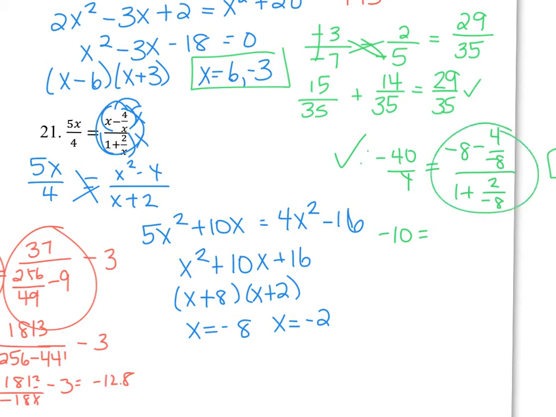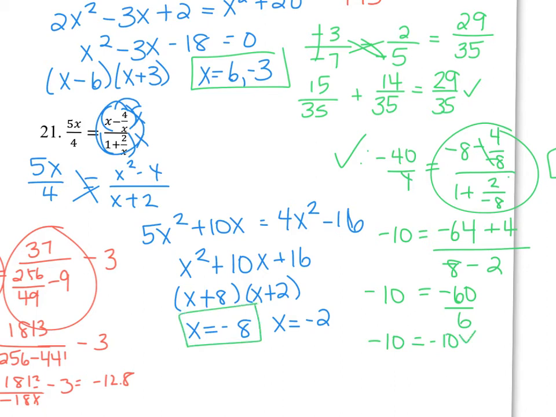I'm going to multiply everybody by 8 on here, so negative 64, that's a positive, plus 4 over negative 8 minus 2. So negative 10 equals negative 60 over 6. So negative 10 equals negative 10. So that's one solution.